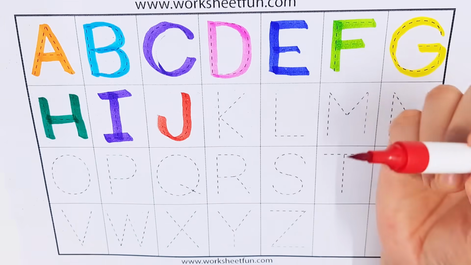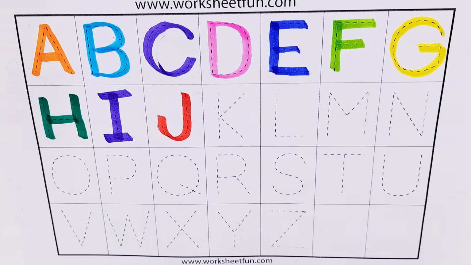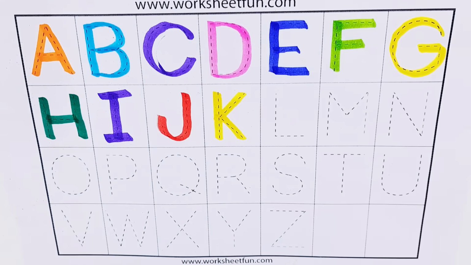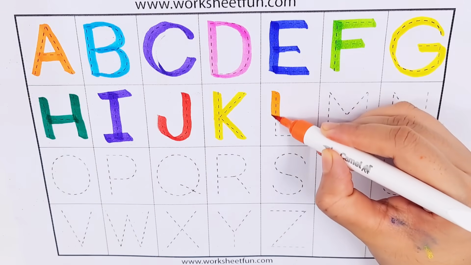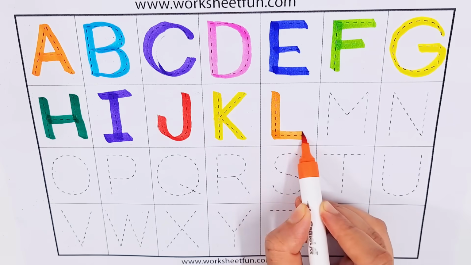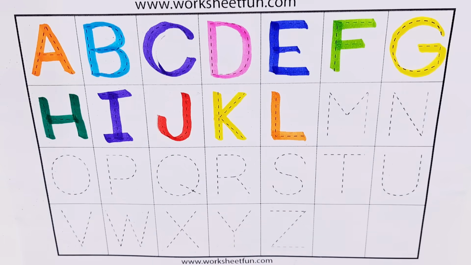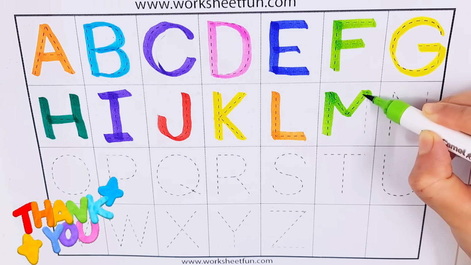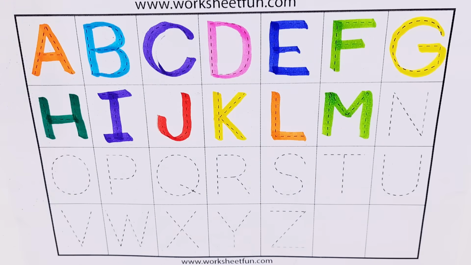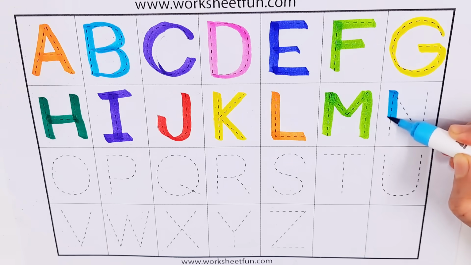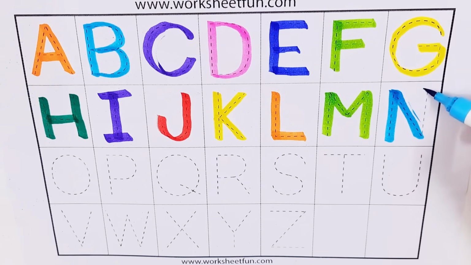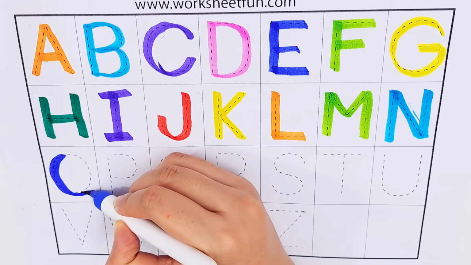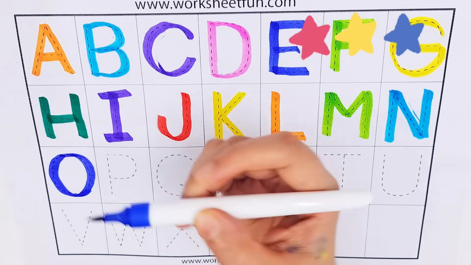J for jellyfish. K for kite. L for lemon. M for mango. N for nose. O for ox.